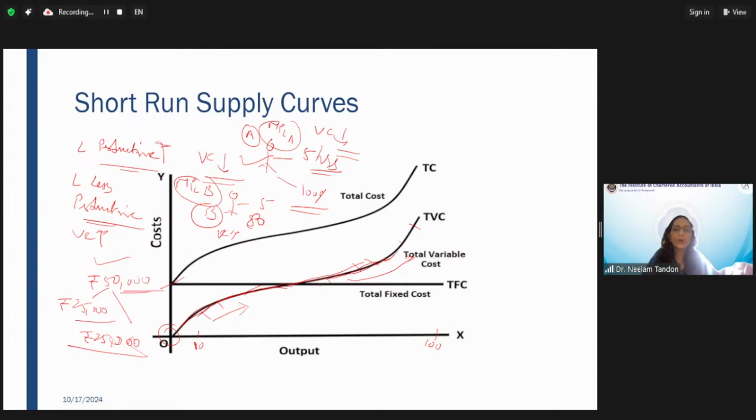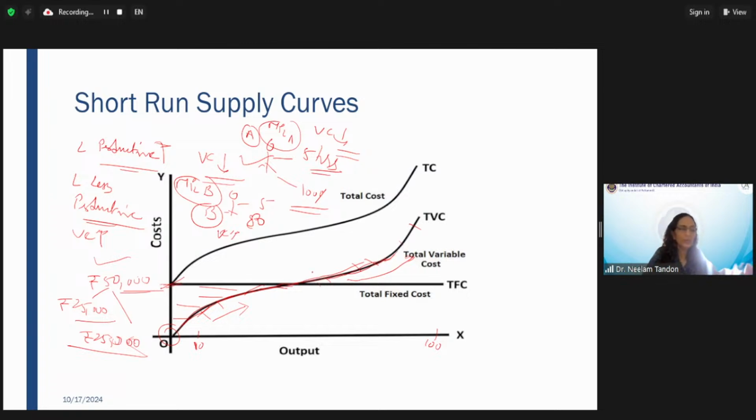What about this total cost? Now you see the total cost is starting from here. So when there's no production, the cost is zero. When the production starts, the total variable cost starts rising. And then it goes beyond total fixed cost. Yes.